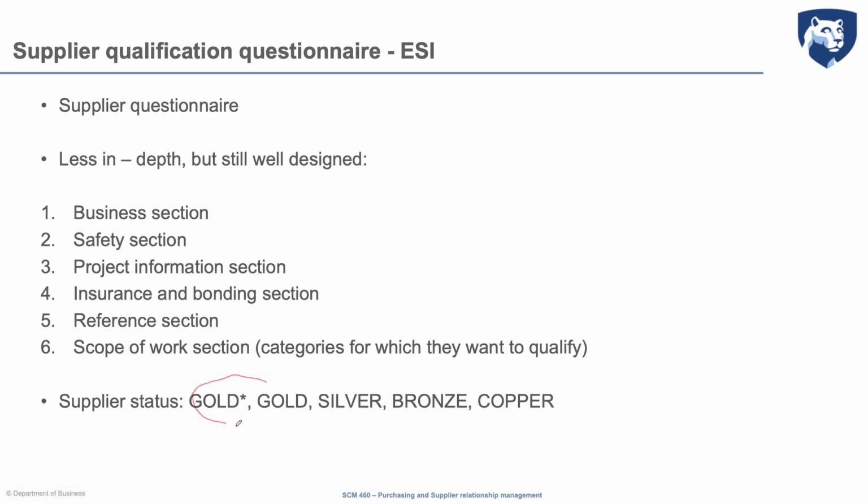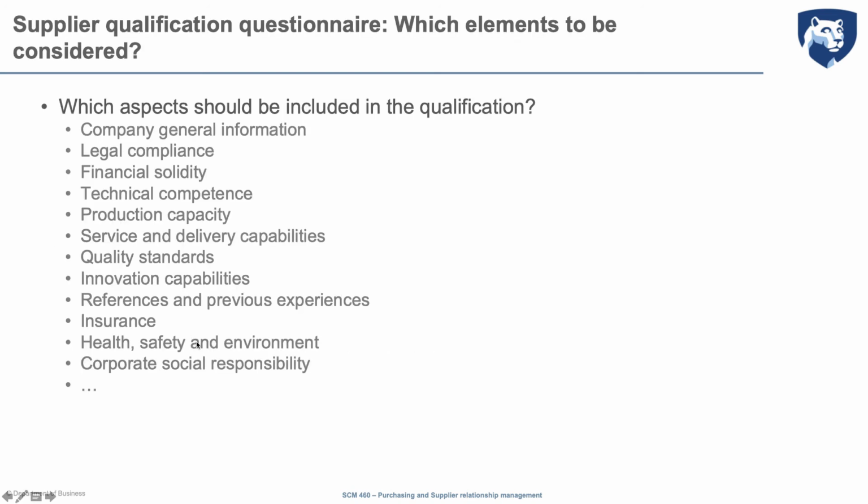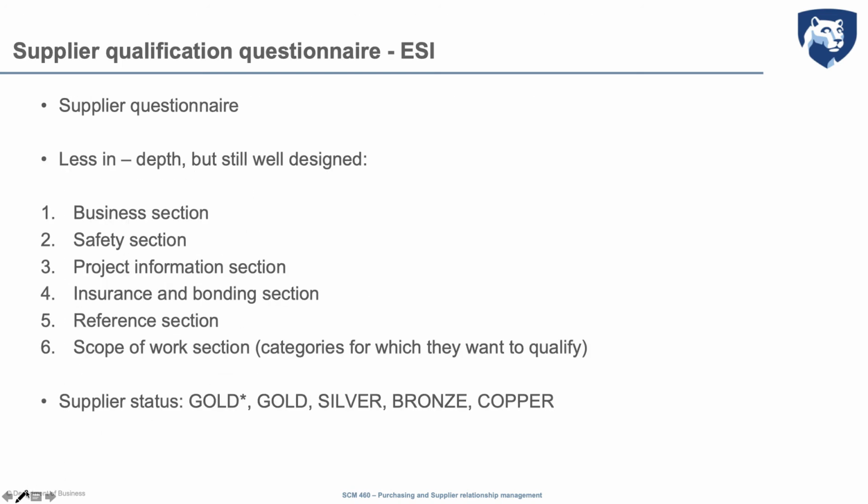The best in class are the ones that will be preferred once there is a need to supply something in the scope of work section that the supplier falls within. Silver, bronze and copper are the suppliers that instead hold a low position.